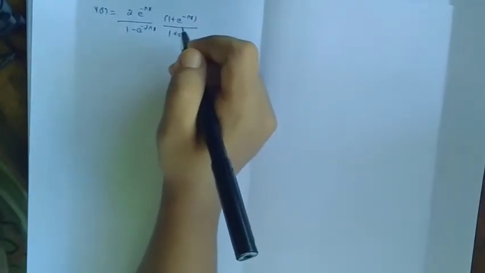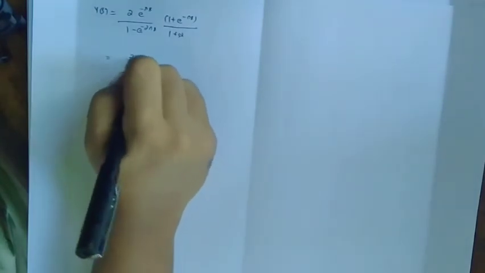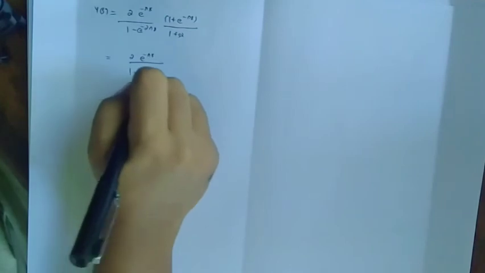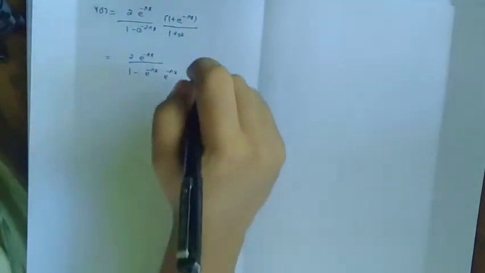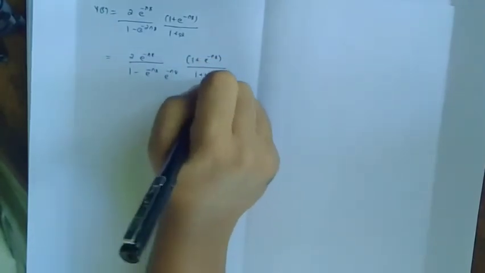Okay. We are going to simplify it. So, instead of e raised to minus 2 pi s, I am going to write e raised to minus pi s into e raised to minus pi s. No worries.